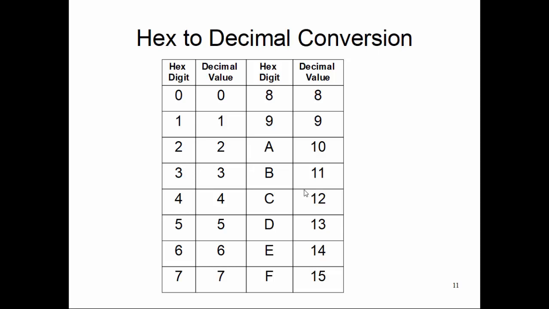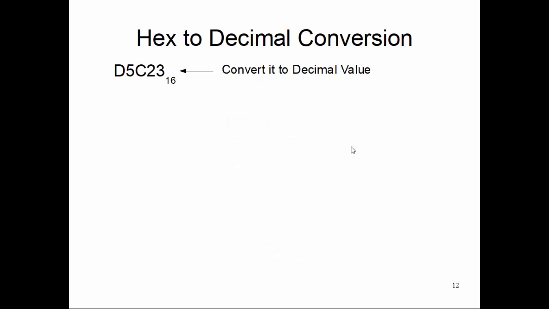And we'll see we can use the same table, in a slightly extended form, to quickly convert binary to hexadecimal. So here is a map of the hex digit and its corresponding decimal value. A is 10, B is 11, till F is 15. Once we remember these, let's do this hex to decimal conversion.